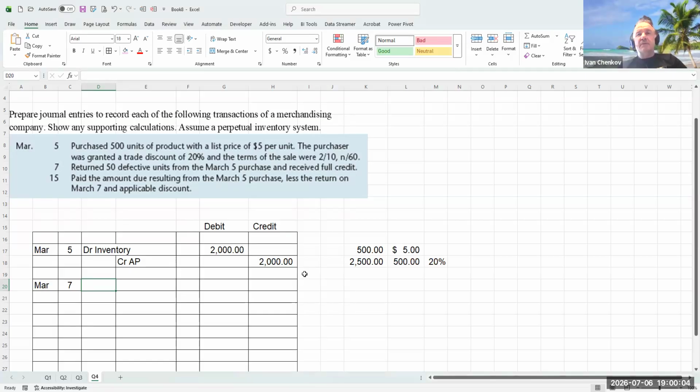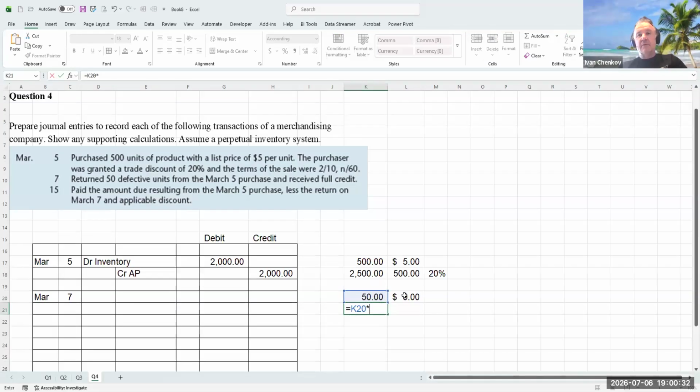And we're gonna receive the credit for the same. So we're gonna return 50 units. Now, as you remember, the cost is $5 per unit, but we're getting 20% discount. Don't forget that. So now we have to get the total. The total will be 50 times 5, gonna be 250, but the 20% that we already took is gonna be this one times 20%.